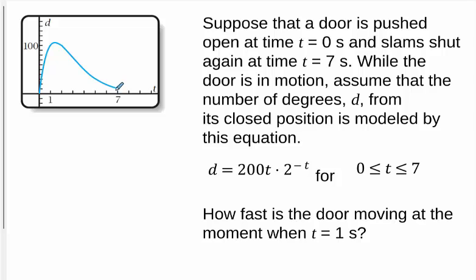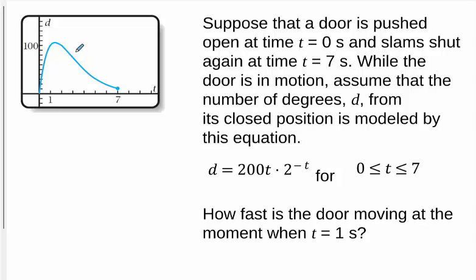While it's in motion, the number of degrees it is from its closed position is modeled by this equation: 200t times 2 to the negative t. And we want to know how fast it's moving at the moment when t is 1 second.